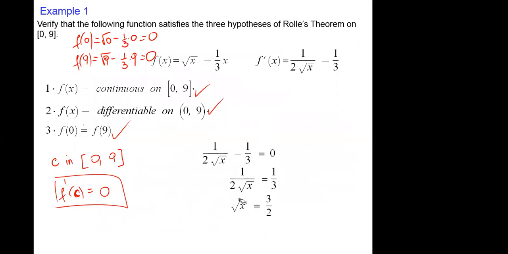Now, to solve for x, I will square both sides. Squaring both sides, I will get 9/4. And 9/4 is like 2 1/4. It's definitely in my interval. However the function looks, I don't know exactly. I know that at 0 it's 0, and let's say at 9 it's also 0.